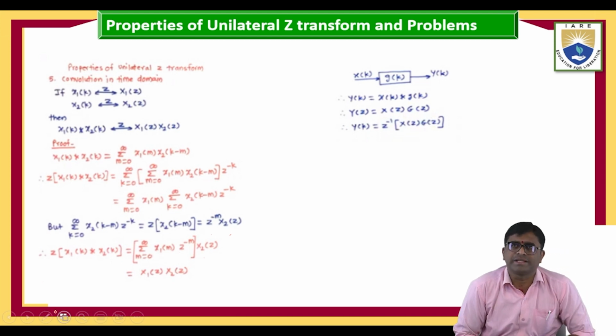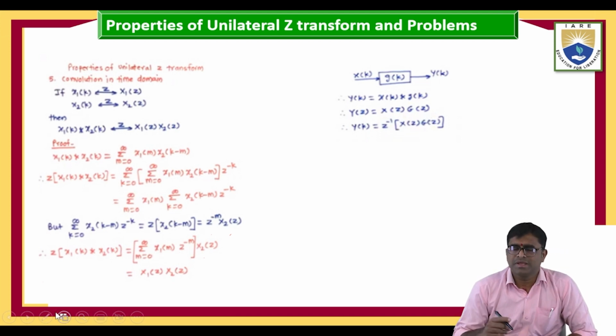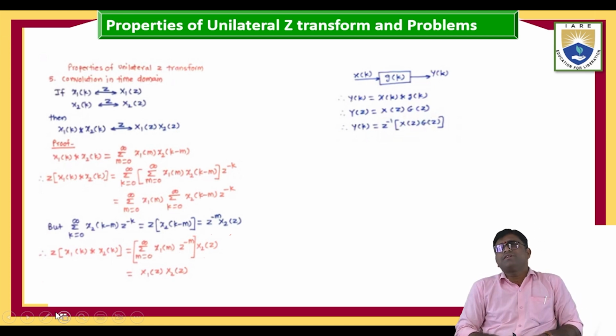What are the applications? See the applications here, where x of k is the input function, g of k is the system function and y of k is the output function. By using this convolution theorem, we make them the output function variables.